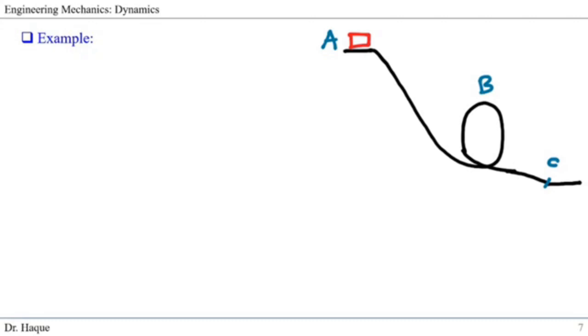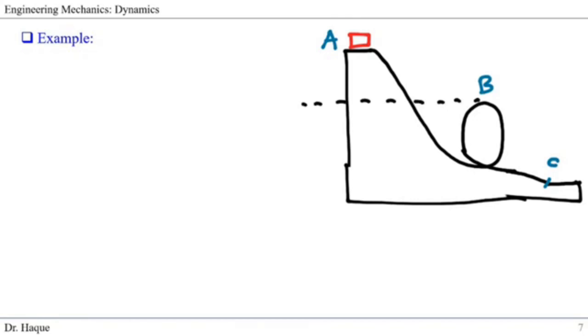This is the path. The height from here to the datum is given as 20 meters.